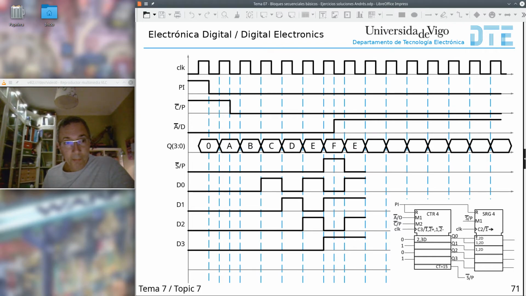So during this transition that is right in the middle of the chronogram, we start counting, but in the opposite direction. We are counting decreasingly, and we are loading in parallel the shift register.